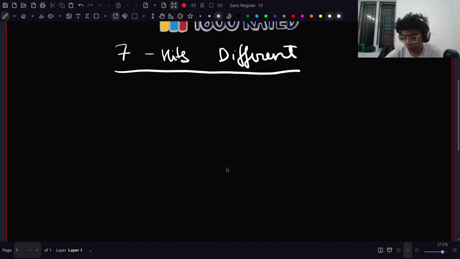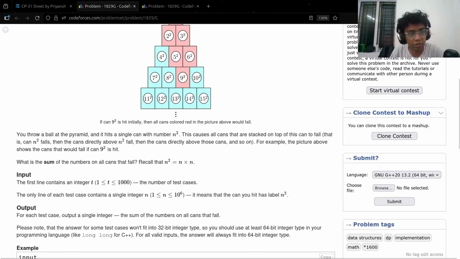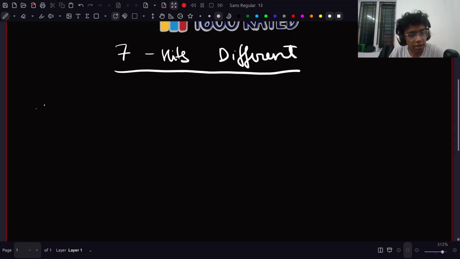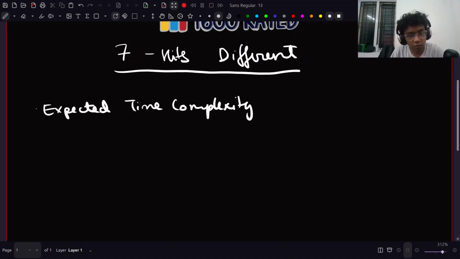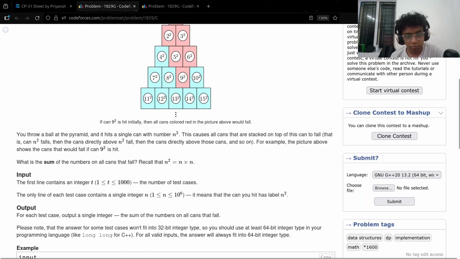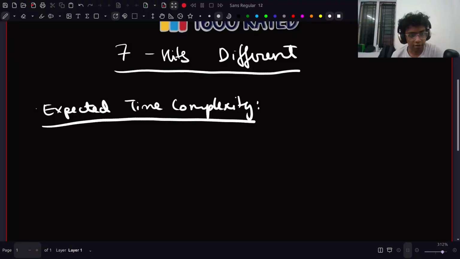Before getting into the question, let's think about the expected time complexity. From the structure of the question, we see that there is no constraint on the sum of n, so basically we need some kind of solution which is big O of n.